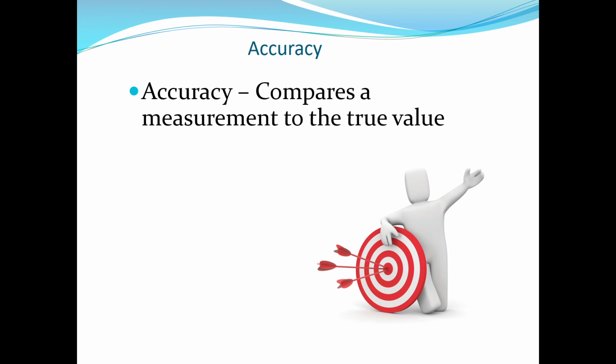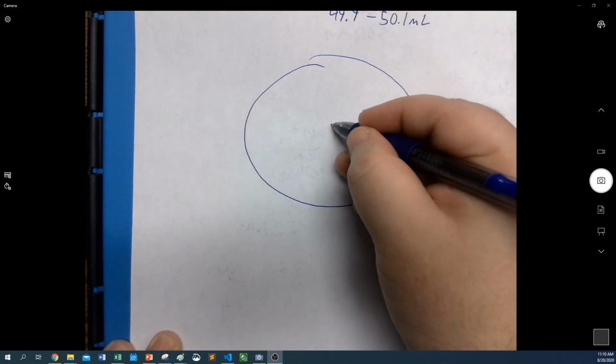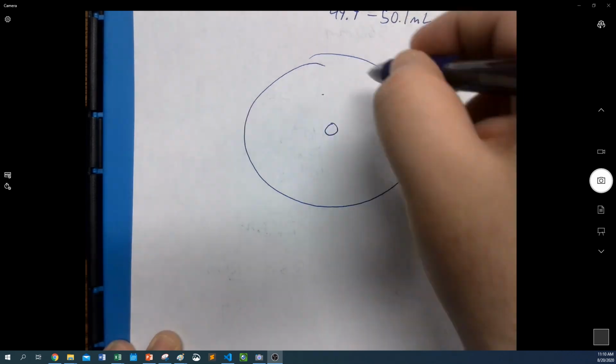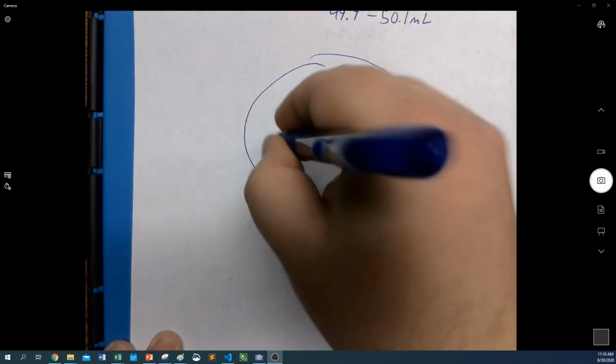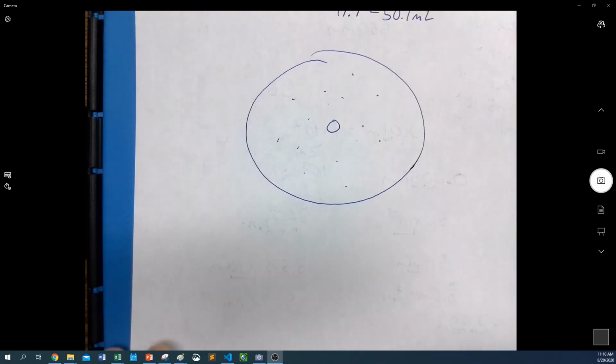So let's say that I have a bullseye. Am I very accurate?